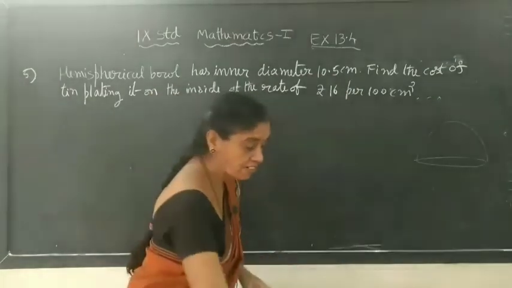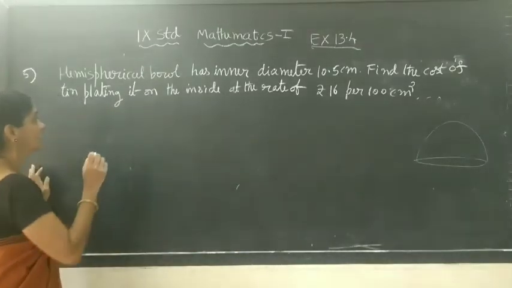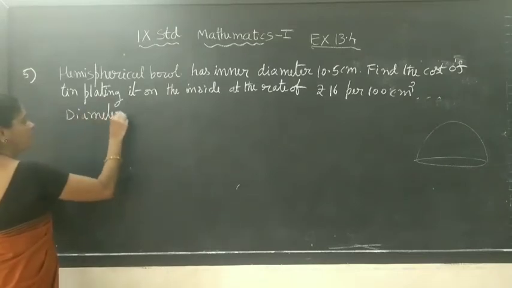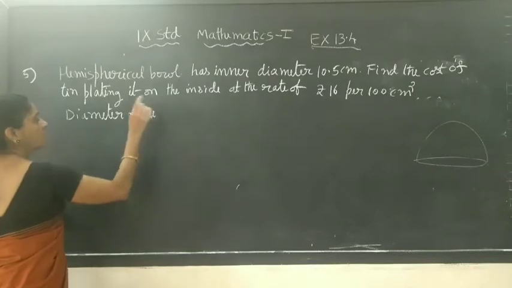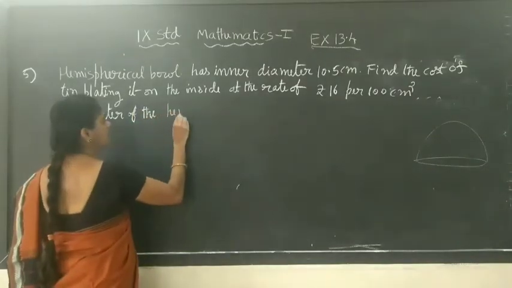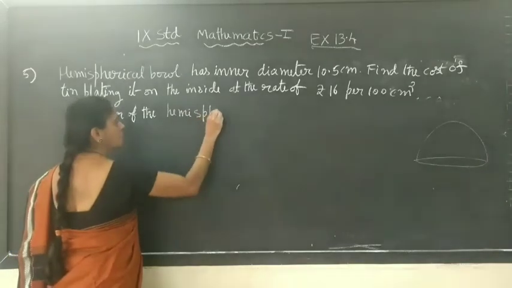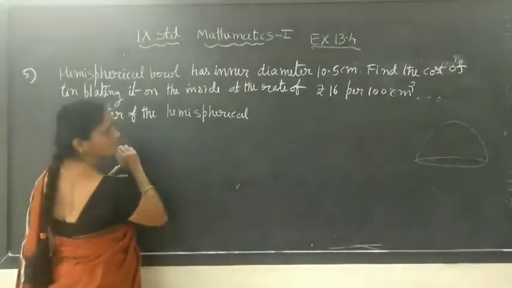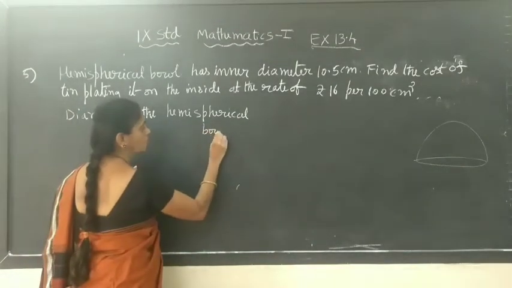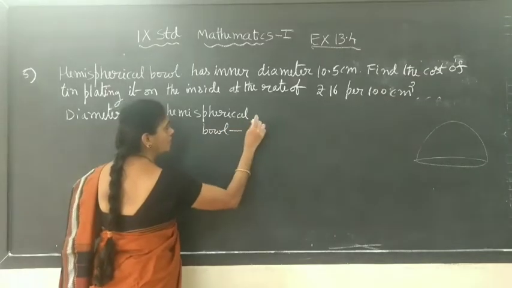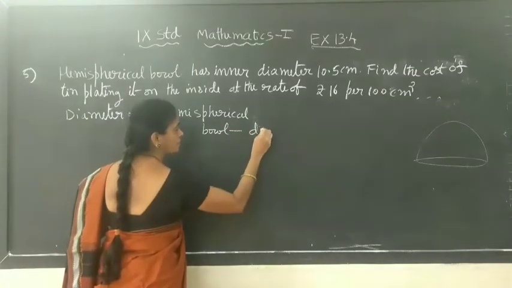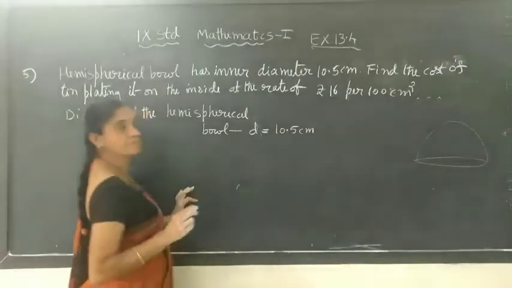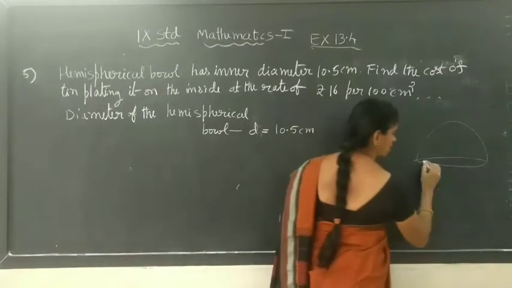Okay, so we will work out what is given here. Diameter of the hemispherical bowl, D is equal to 10.5 centimeter, right?